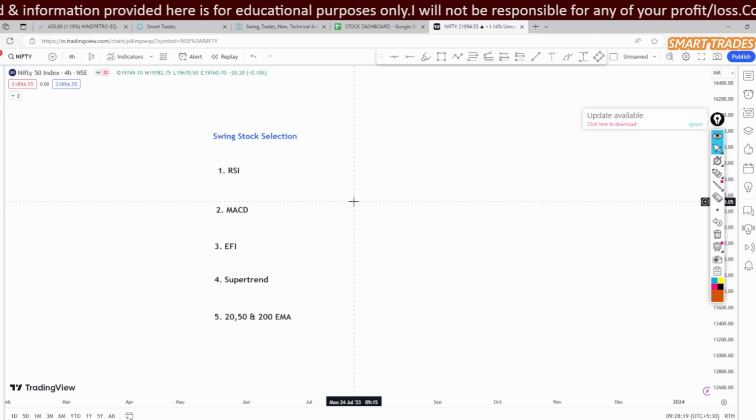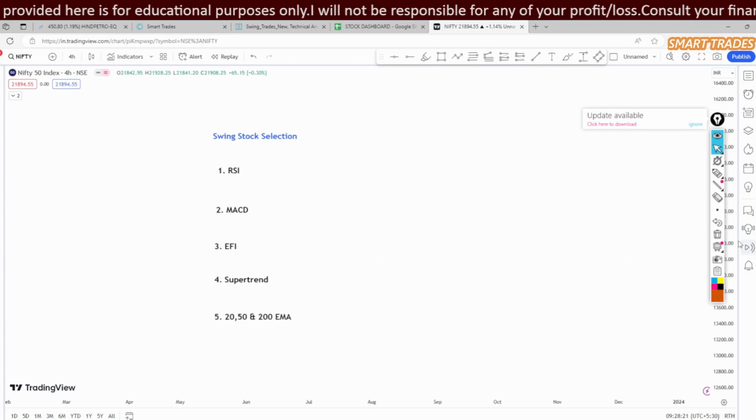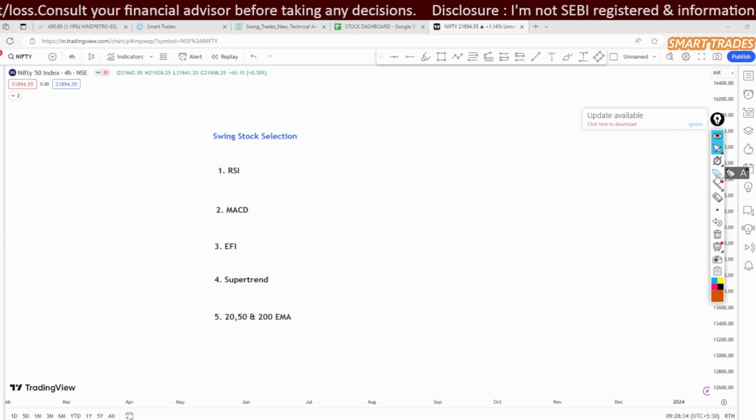First one is the RSI. RSI is nothing but the relative strength index, one of the widely used indicators in technical analysis. It is a momentum indicator, guys. It shows whether the stock is bullish or bearish. If the stock has stronger positive momentum, the RSI will be above 50 or 60.